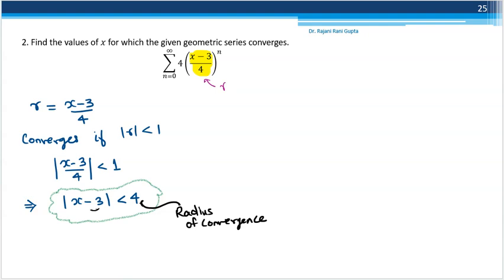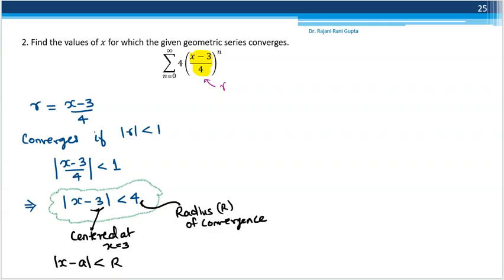And whenever you have x minus something, it means it is centered at x equal to 3. How do you get it? By comparing it with the standard form, the absolute value of x minus a less than R. R stands for the radius of convergence, and this a gives you the point where the power series is centered. Okay, this is an additional thing that you should know.